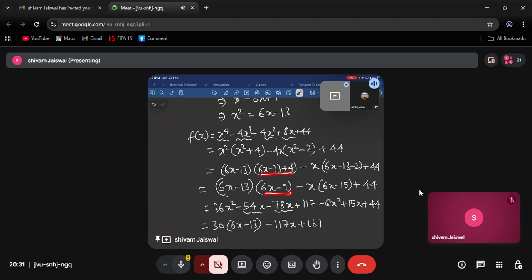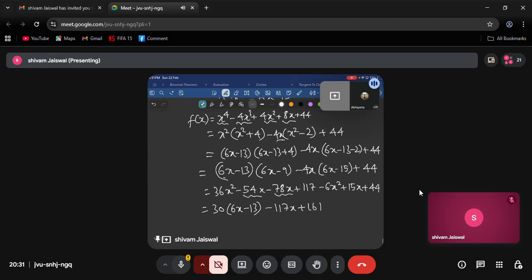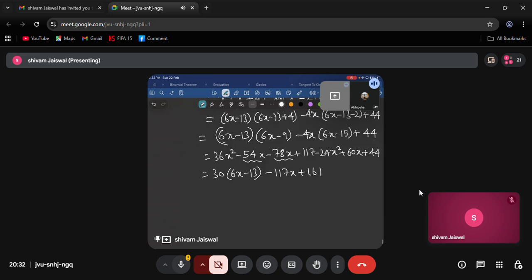Into 6x minus 9 minus, oh, this was 4x. 4x. See? So now let us see. Minus 4x into minus 6x gives us 24x, minus 24x square. Minus plus 4 into 15, 60x. Okay, what is 36x square minus 24x square? 12x square.